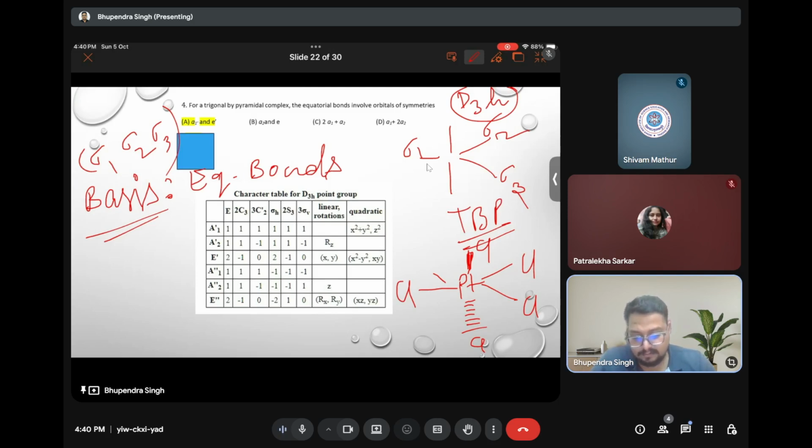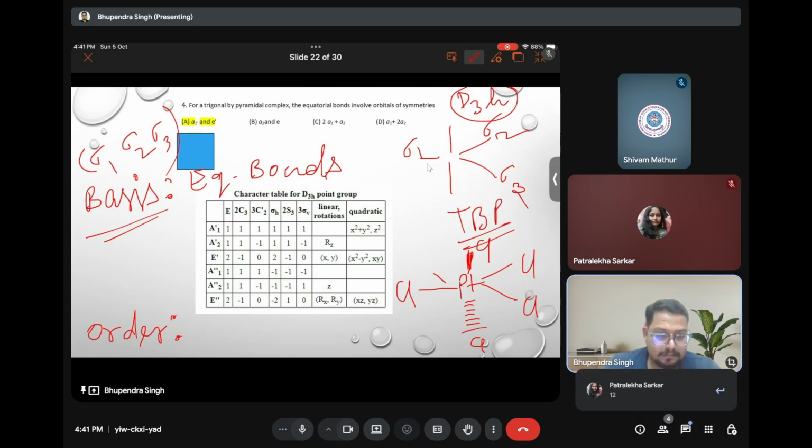So tell me what is the order of this point group? 12, yes. It is 12.